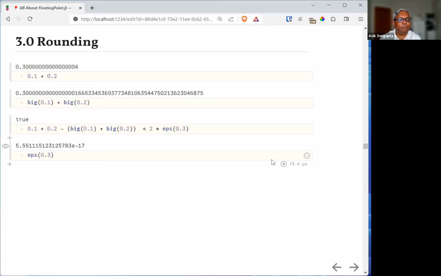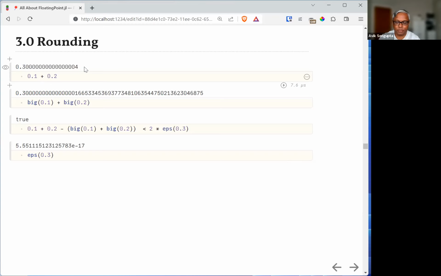So here, one way to show that is to actually use big floats to compute. For example, if you add 0.1 and 0.2, you would expect 0.3, but what the computer gives you is 0.3 and then many zeros and 4, right? And so this is basically the rounding error that you get due to the limited precision of floating point.